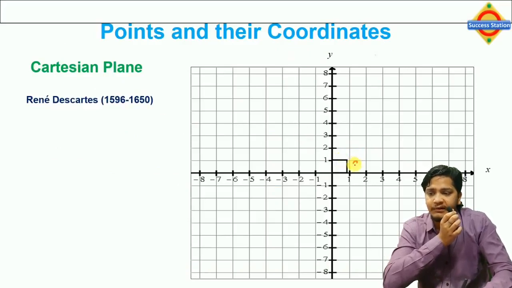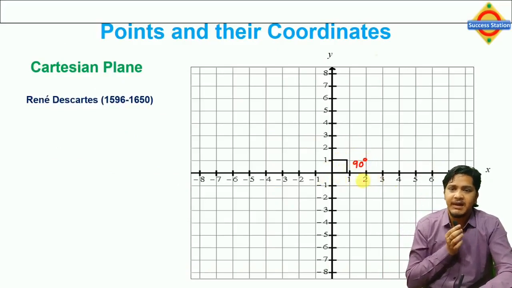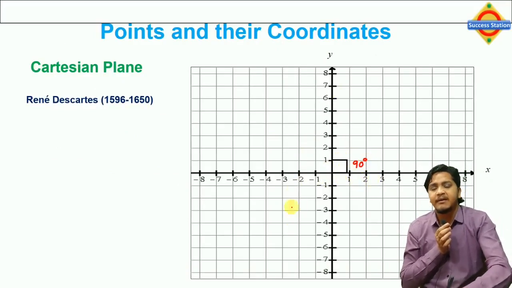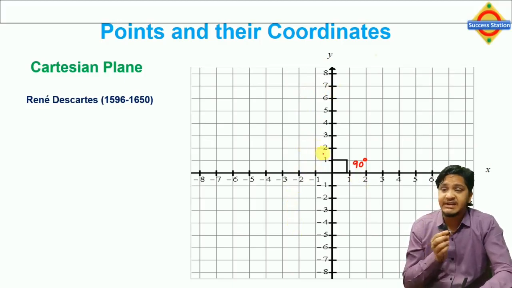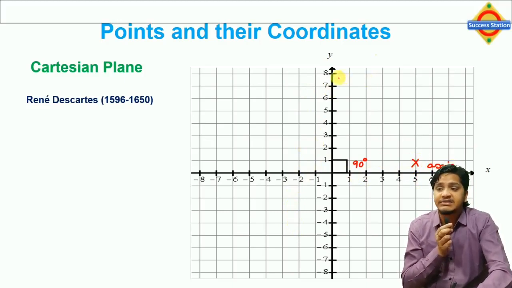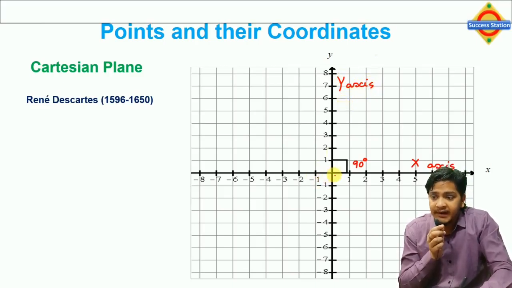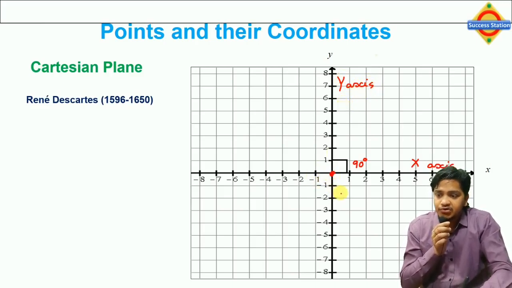So this is my x-axis, this is my y-axis. X-axis is the horizontal number line, and y-axis is the name given to the vertical number line.